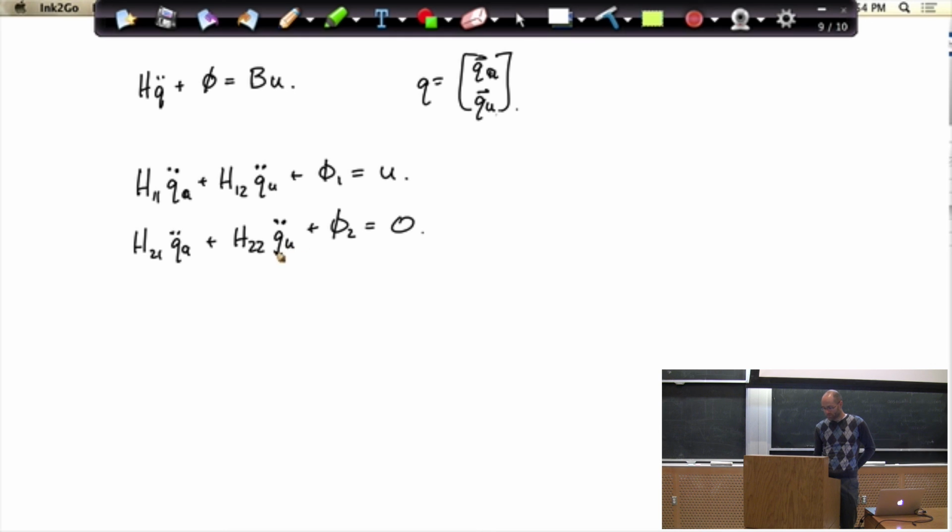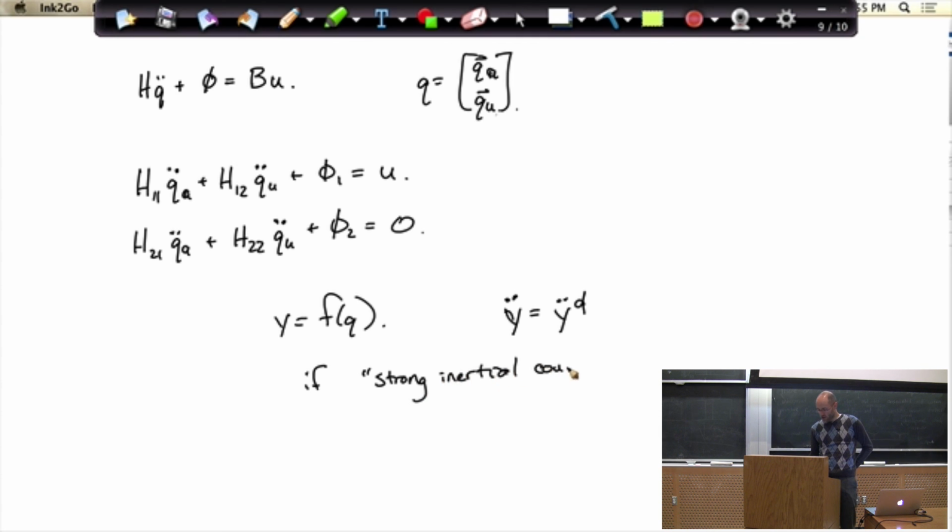And in general, I can pick some subset of the equations. So in general, if I say that y is some f of q, if I have some function of my output that I'd like to command, I can set y double dot to be some y double dot desired if I have strong inertial coupling, as it's called, between my desired outputs and my control inputs.